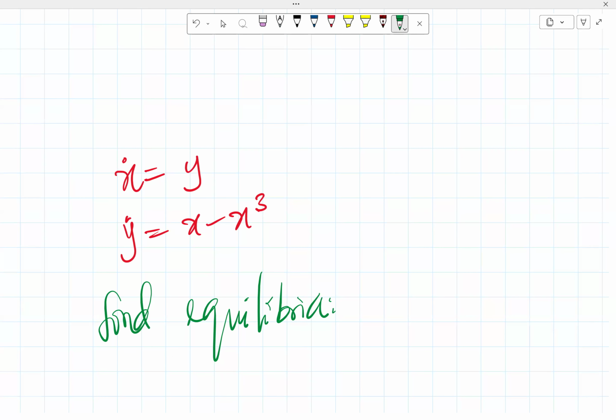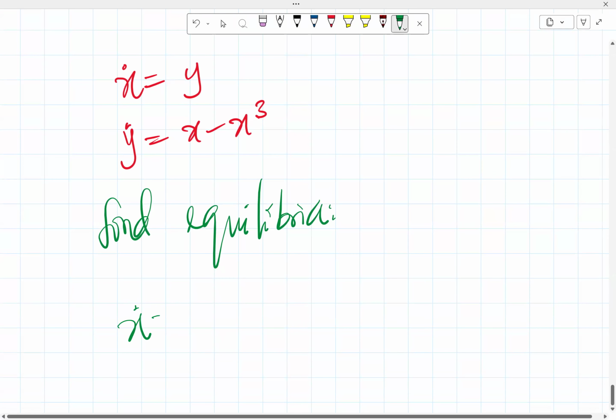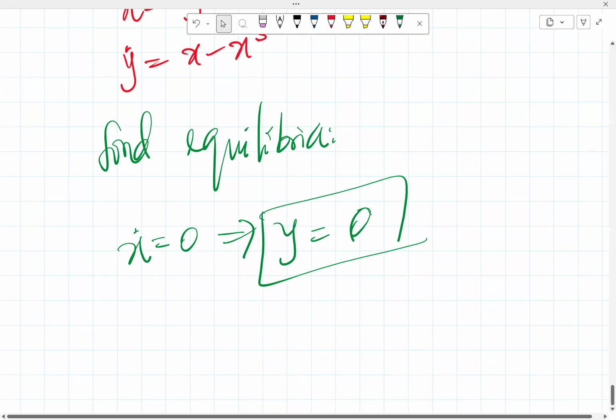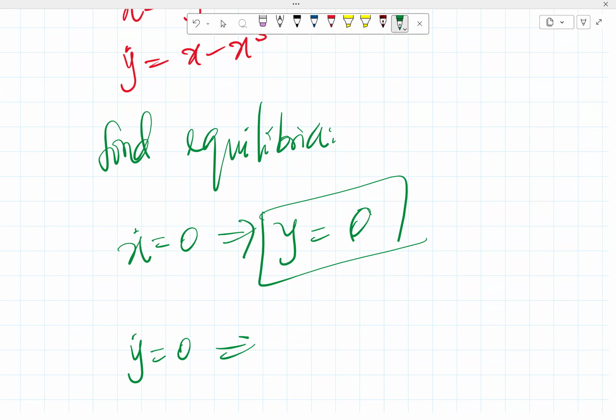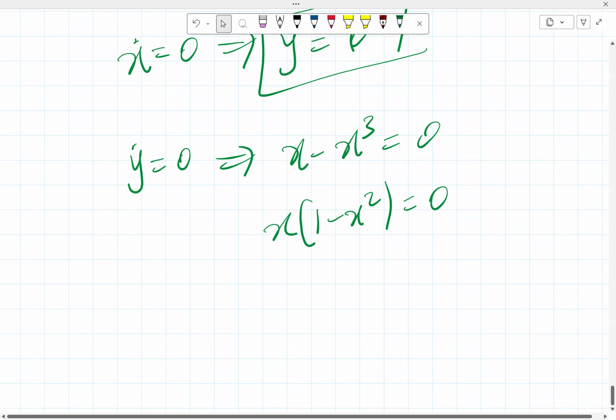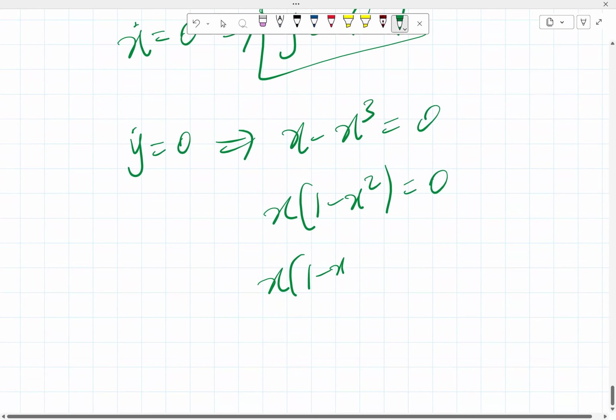What does that mean? x dot is equal to 0, which implies that y is equal to 0. This is clearly settled. Then for the other one, y dot is also 0, which implies that x minus x cube is equal to 0. So how do you do this? You factorize x into 1 minus x squared is equal to 0. So that means you have x into 1 minus x into 1 plus x is equal to 0.